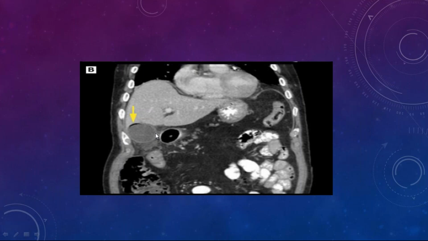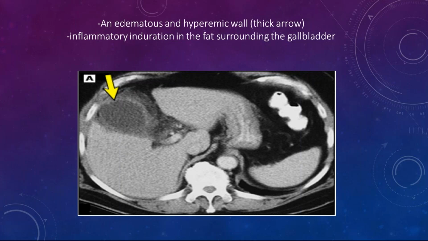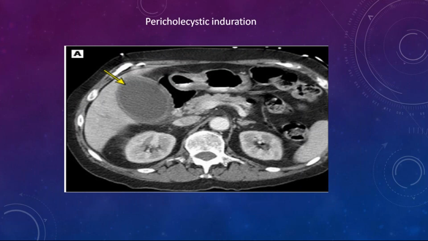Here also, this is the liver and this is the gallbladder, and there you can see a black lining, that is the air. This is a very characteristic indication.